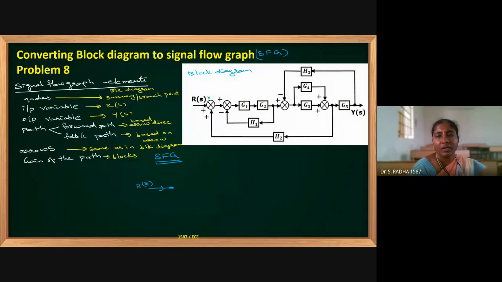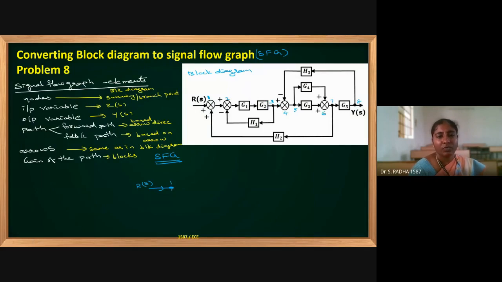This is node 1, node 2, go straight. Wherever a summing point or branch point is there in the straight horizontal path, you give continuous numbering: node 3, node 4, node 5, node 6, node 7, node 8.